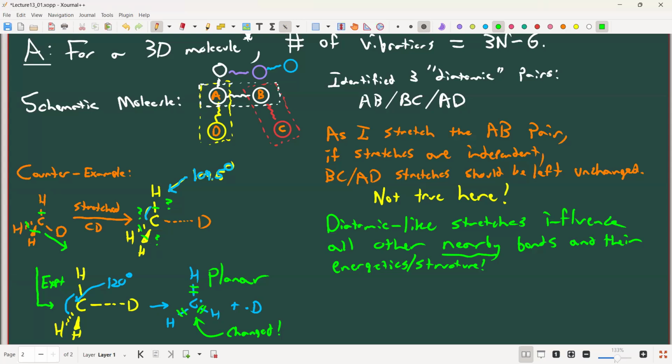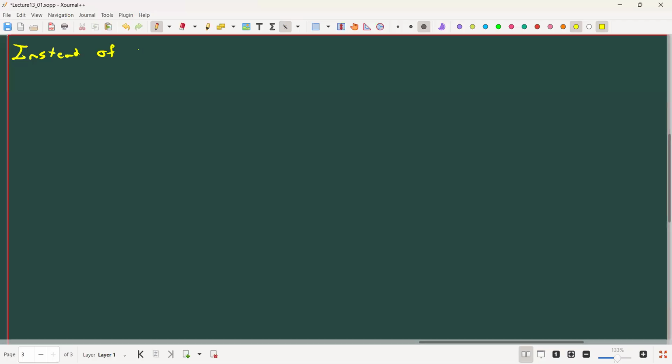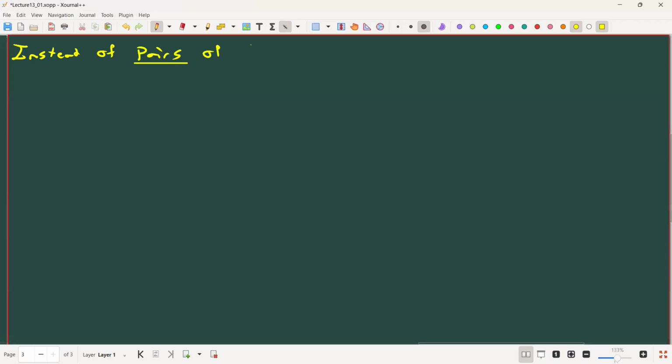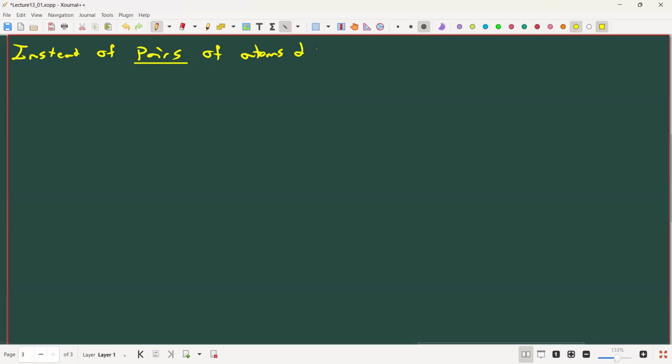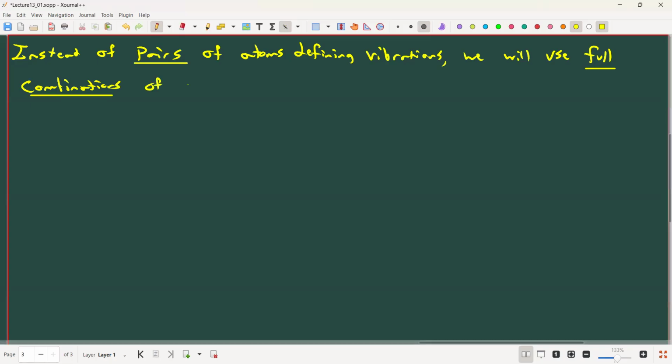So what we're going to do is find a different set of coordinates for our molecule. Right, what we're going to define now, so instead of pairs of atoms defining our vibrations, we will use full combinations of all atoms vibrating.